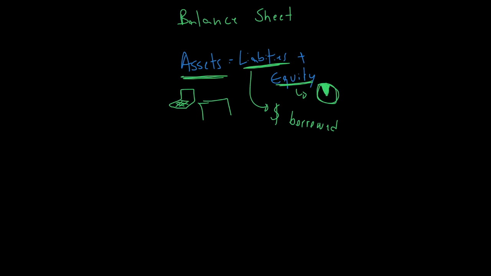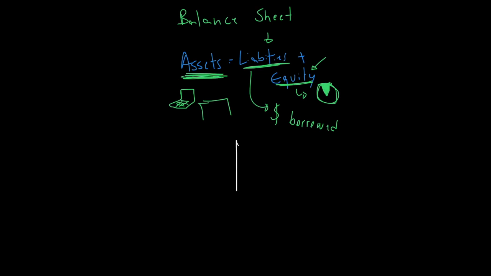They will pay me money so that they own part of my company, and I don't have to pay them back. That's equity. So everything I own is either borrowed and I have to pay back, or I own it. So it's my money, it's my company. That's the most important thing that you need to remember about a balance sheet.